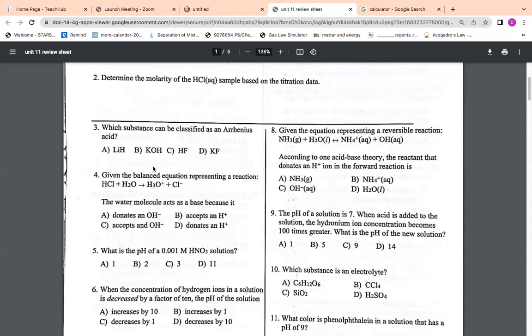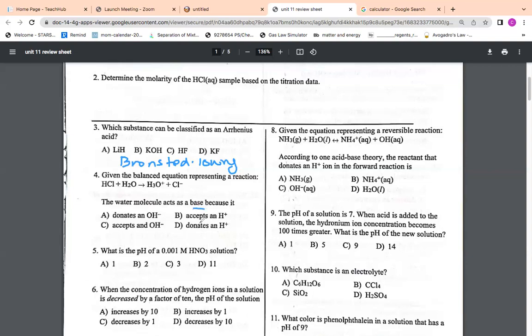All right, number 4, given the balanced equation representing a reaction, the water molecule acts as a base because it does what? This is looking at the Brønsted-Lowry definition of a base. According to Brønsted-Lowry, bases are bases because they accept protons.